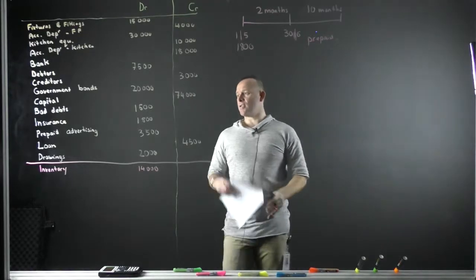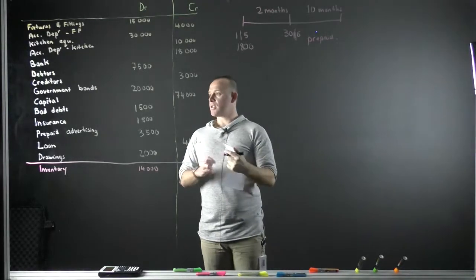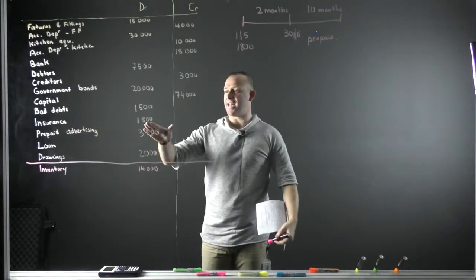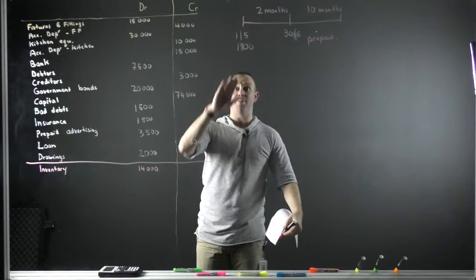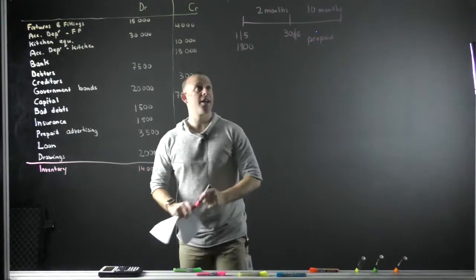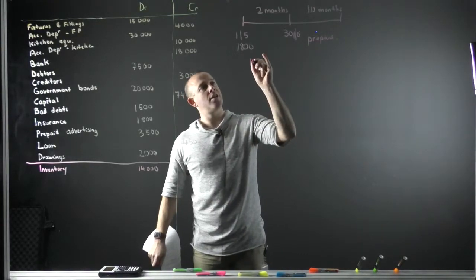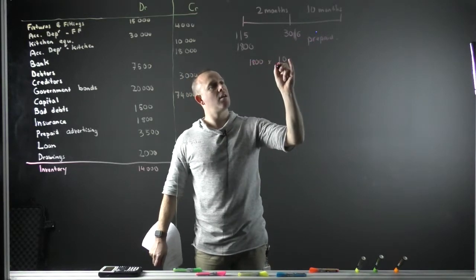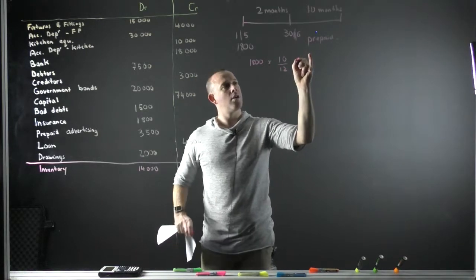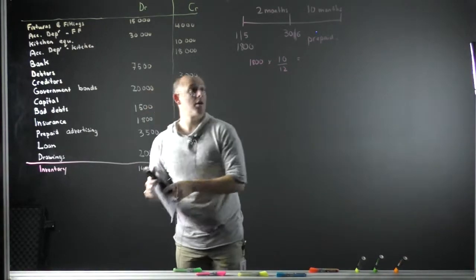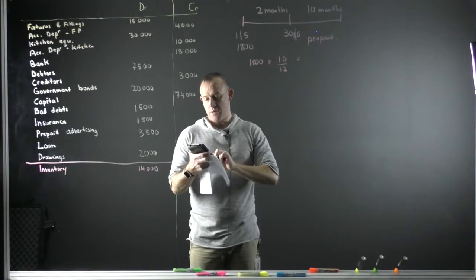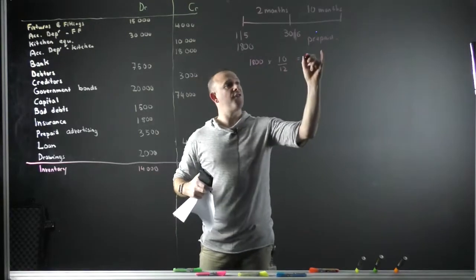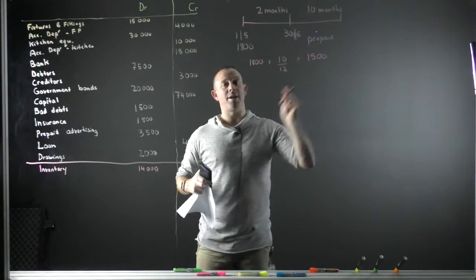So it's $1,800, and that is for insurance. We already have insurance in here for $1,800. That's the total amount that we did pay on the 1st of May. So if we do a calculation, we do $1,800 times 10 months over 12, 1,800 times 10 over 12. That 1,500 is our prepayment.